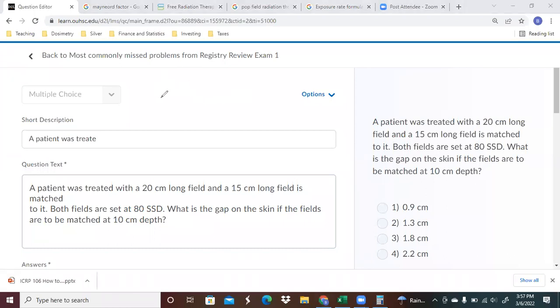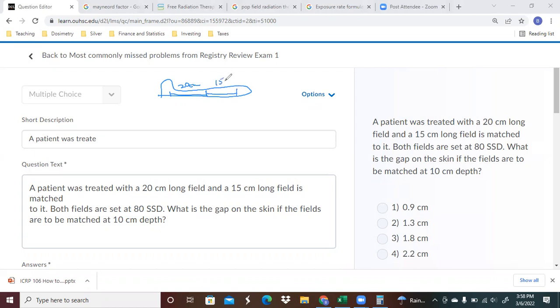All right, so we've got somebody here who's lying on the table. And we have our first field here, and that field is going to be 20 cm long. We also have another field here. It's going to pick up where that one left off.